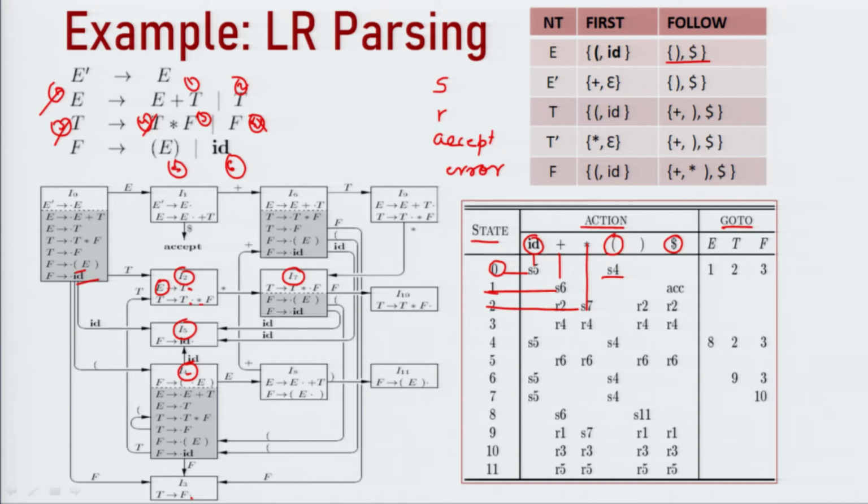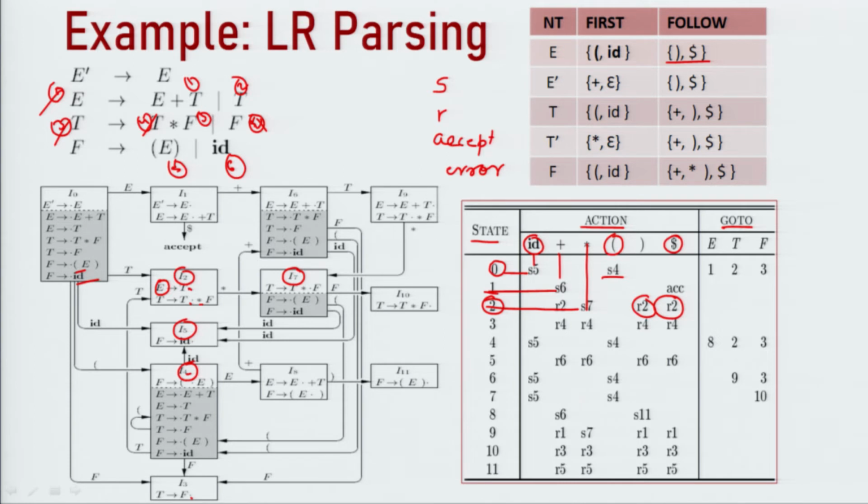So, in I2, with respect to closing parenthesis and dollar, the dot is at the extreme right, so we will obtain follow of E. Now, the production is E to T, and the number of this production is 2. So, here we will write R2, here we will write R2.